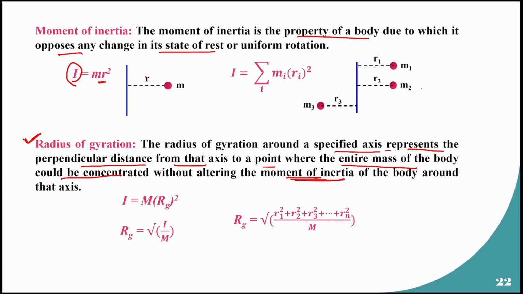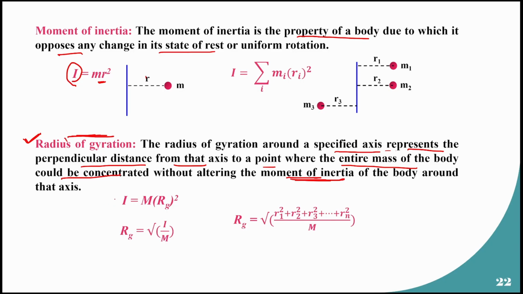So if it is a complex body formed of multiple masses at multiple distances from a particular axis, and you can concentrate the entire mass at a particular point without altering the moment of inertia, then the distance of that point from the axis gives you the radius of gyration.